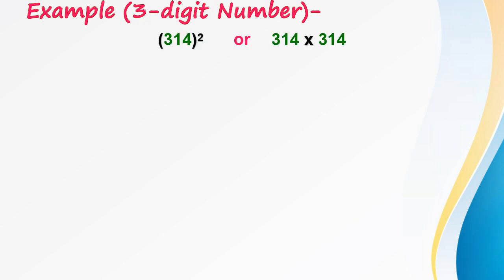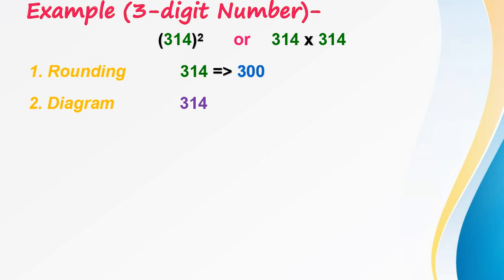314 square. So, once again, round 314 to the nearest 100, which is equal to 300. Now, imagine the diagram in your head. So, 314 is the number that you want to square and 300 is the rounded number.